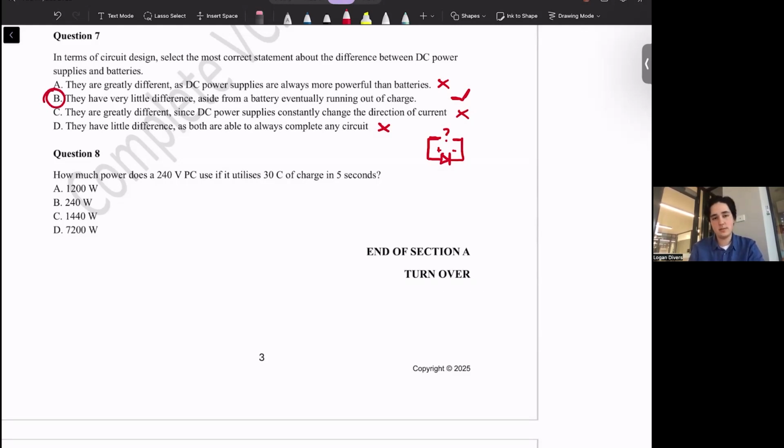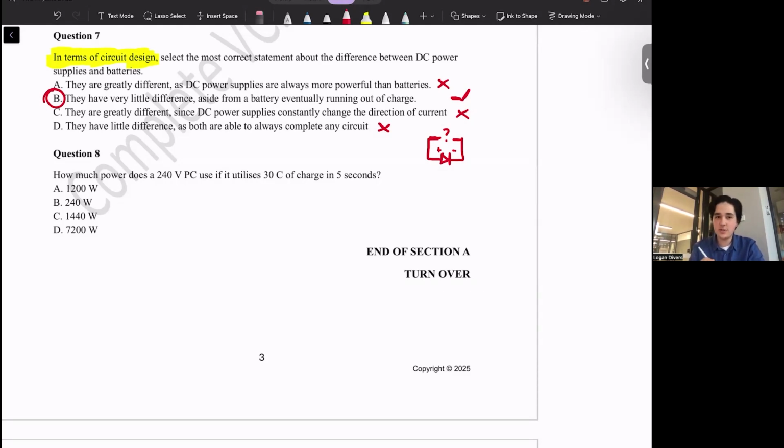Now, a bit of a nitpick in this question, sort of, is this phrase here, in terms of circuit design. We could go on and on about battery chemistry or how DC power supplies work, like using an alternator and then putting a split ring on the end of it. Then mechanically, they're quite different.